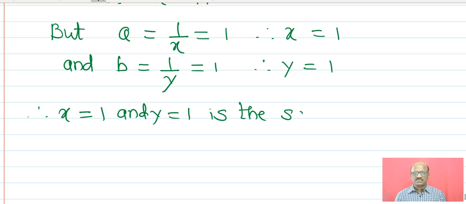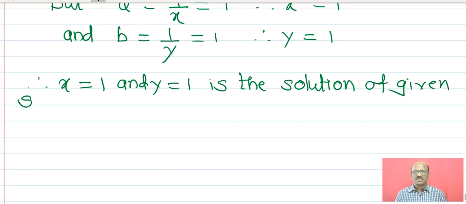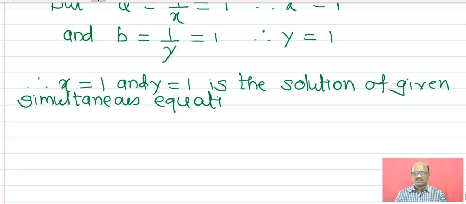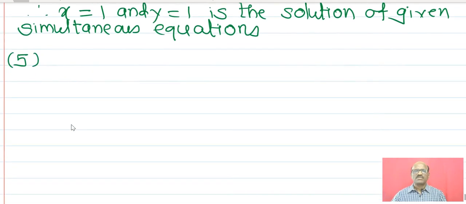Now next is the solution of the given simultaneous equation. Problem number 5.